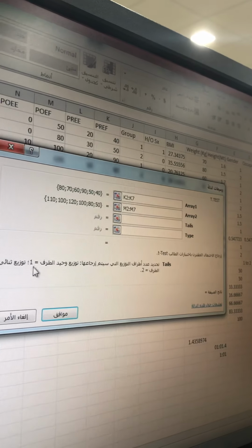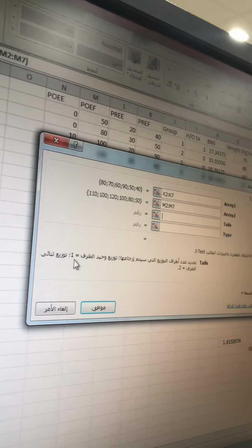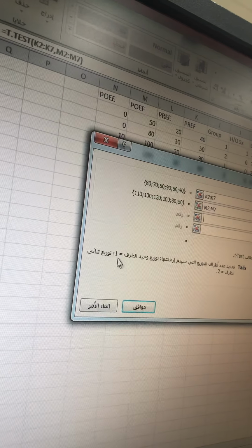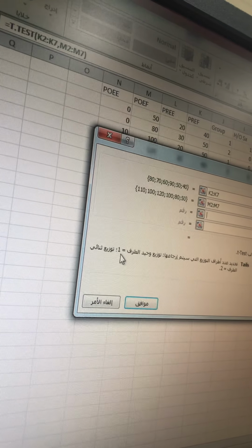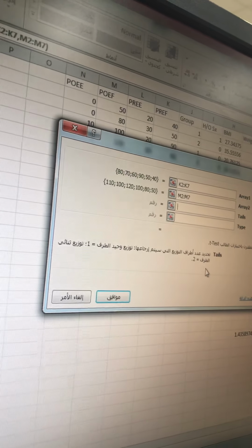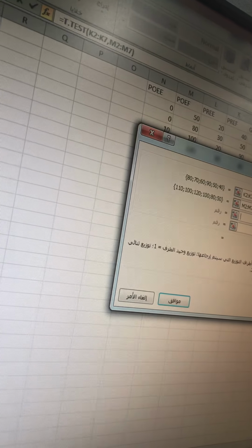Now tails, you can read here. Tail 1 means all the sample is deviated to one side of the bell-shaped curve. That is called skewed distribution. Tail 2 means the sample is divided to two tails, which indicates normal distribution.